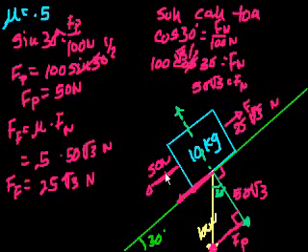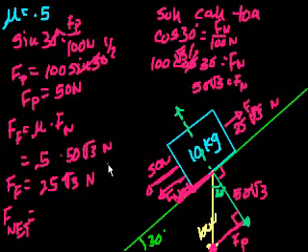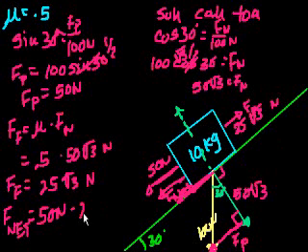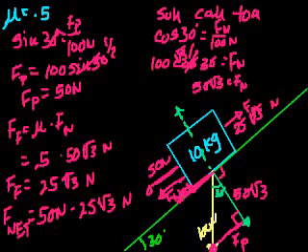So what is the net force on the object? Well, let's call this the force net. The force net is going to be equal to the force of gravity parallel to the plane, which we figured out as 50 newtons, right, this one, minus the force of friction, minus 25 square roots of 3 newtons.